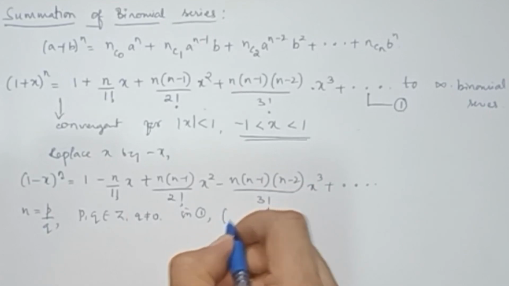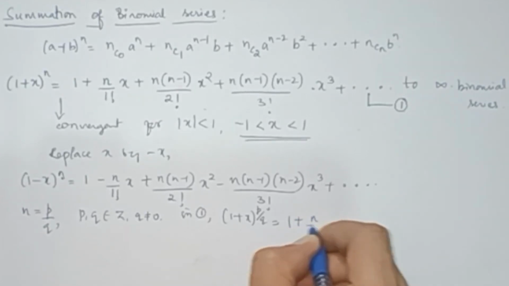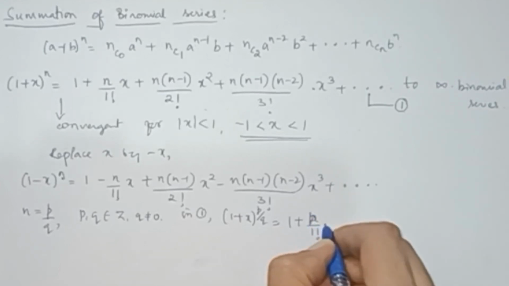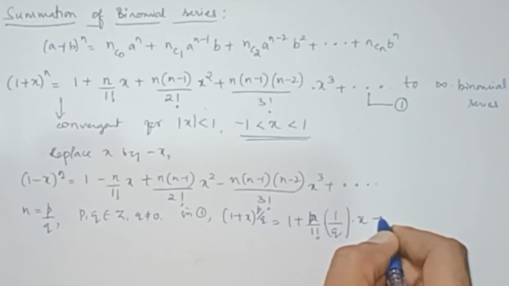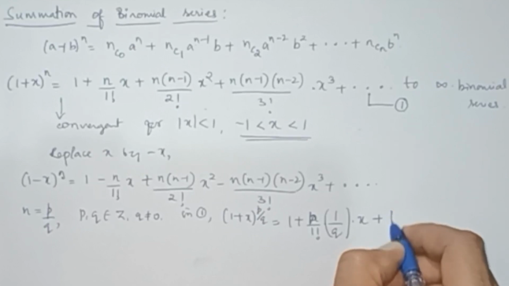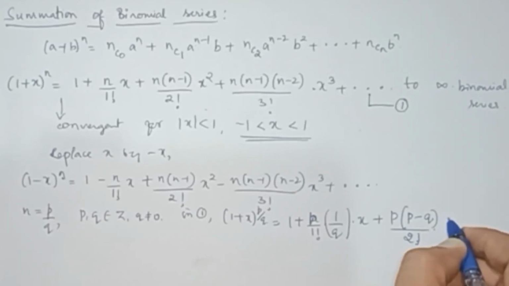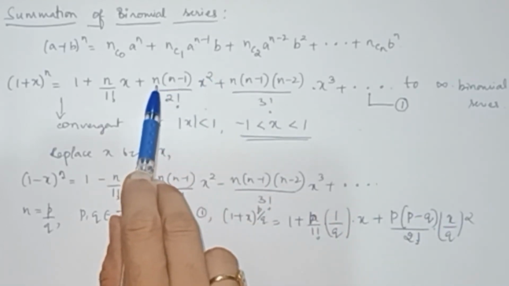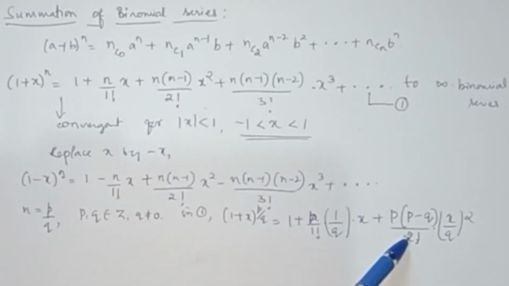So we get (1 + x)^(p/q) = 1 + (p/1!)(x/q) + p(p - q)/2! (x/q)^2 + and so on. Here x^2 and q^2 appear after taking the LCM, with n replaced by p/q - 1. After all the simplification, we get it in this form.